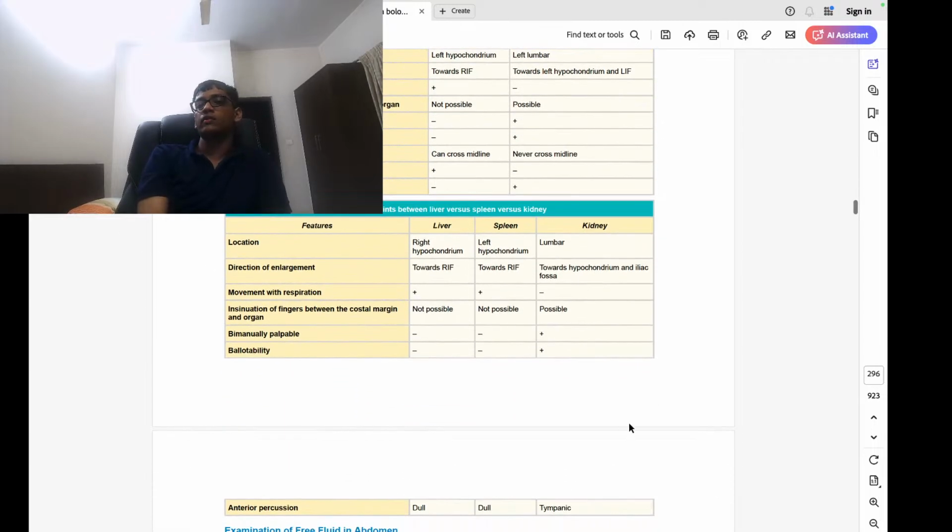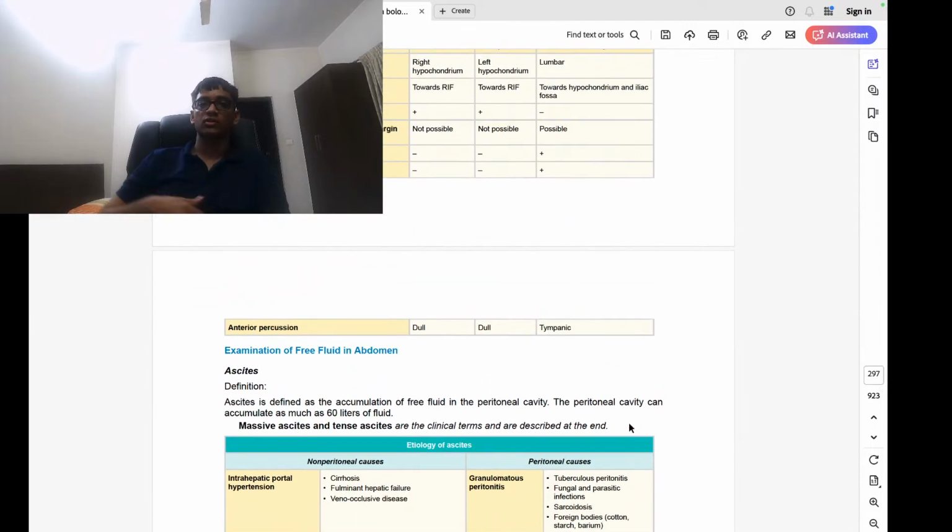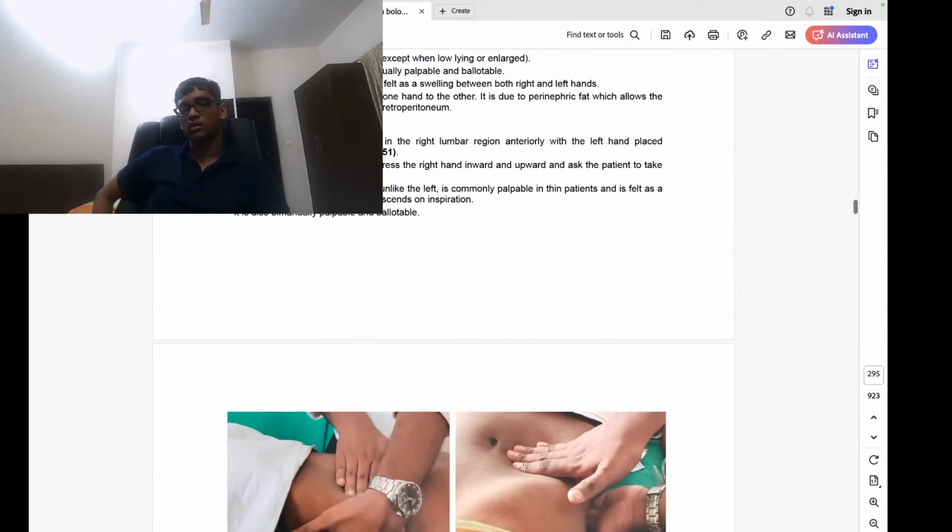So we can have the difference between liver and spleen versus kidney. Right hypochondrium, left hypochondrium, and kidney is lumbar. Then direction of enlargement is towards right iliac fossa, towards left iliac fossa, above and below. Then movement with respiration: yes, yes, no. Liver and spleen move with respiration, kidneys do not, but the lower pole of the right kidney, unlike the left, is commonly palpable and is felt as a smooth rounded swelling which descends on inspiration.